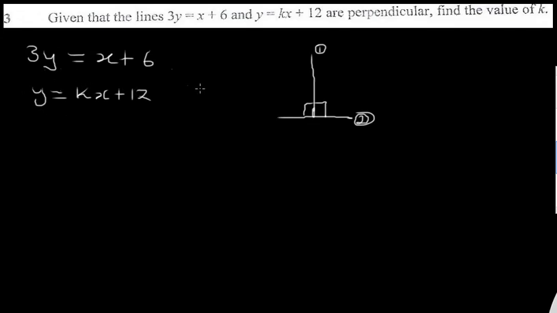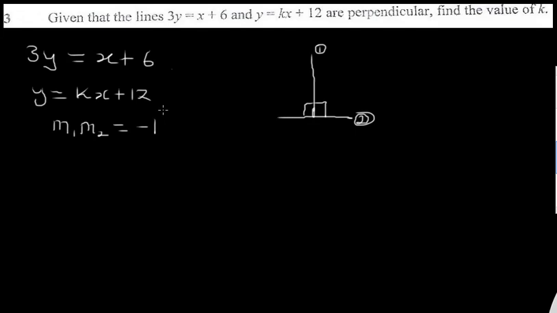And the relationship between the gradients of two perpendicular lines is that when you multiply the gradients, so let's say m1 multiplied by the gradient of the other line, m2, the product that you get is always negative 1.